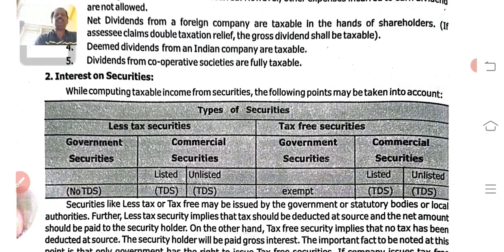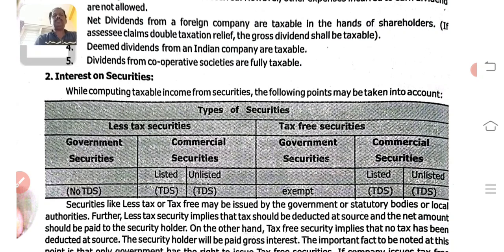In government securities, no TDS. But commercial securities are again classified into two types: one is listed and unlisted. Listed, TDS will be paid. Unlisted also, TDS will be deducted.